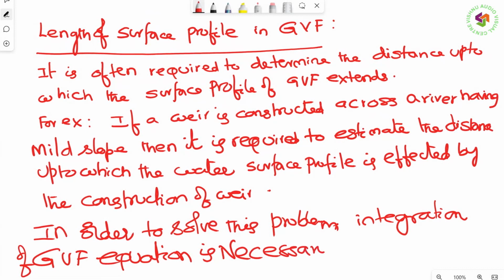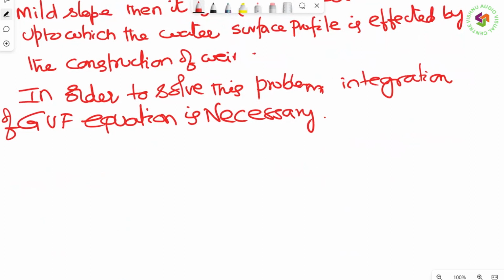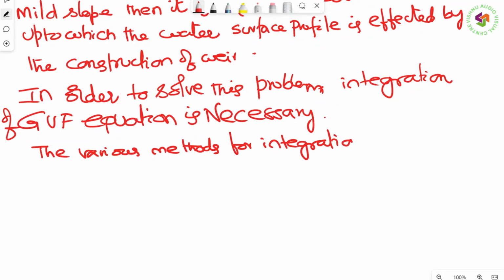That is the only way. Whatever gradually varied flow equation is there, that we have to integrate that equation, basically. There are various methods for integrating GVF equation.